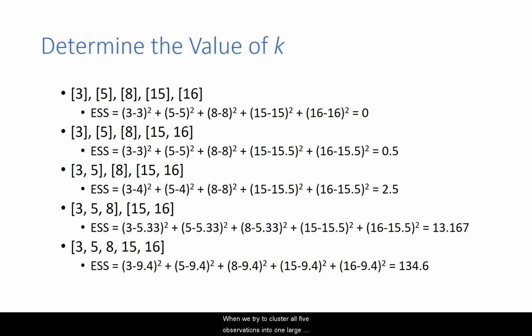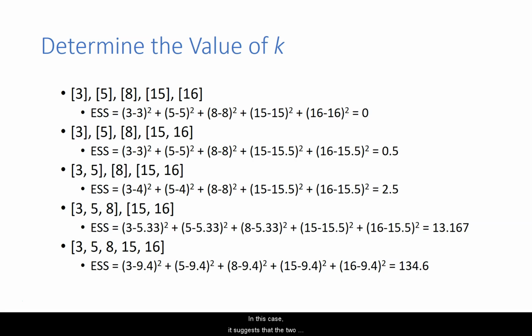When we try to cluster all 5 observations into one large cluster in the last iteration, the ESS jumped to 134.6, which is a much more severe loss of information. Usually when the loss of information increases dramatically like this, that is when we know that we have gone too far in terms of clustering the observations.